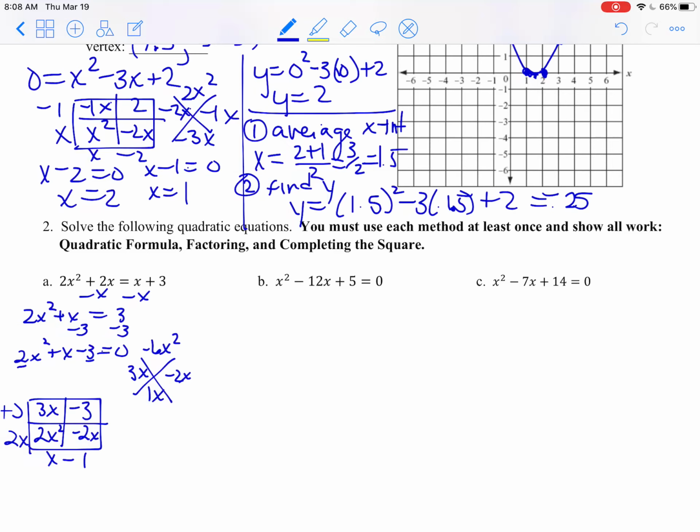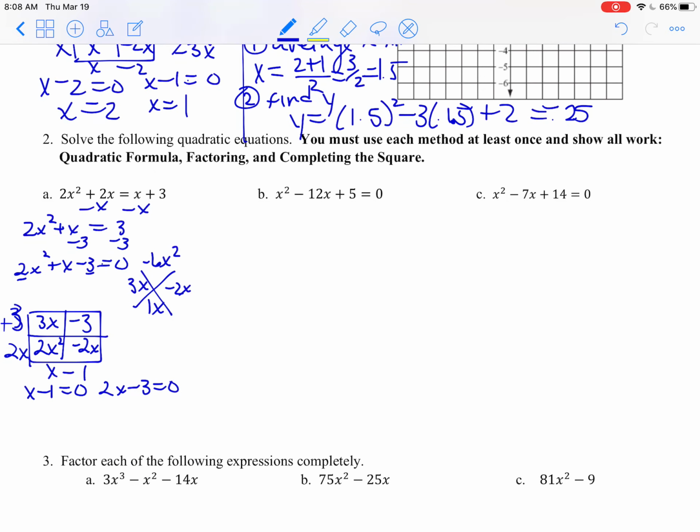Going vertically, I can put plus 3. Now do x minus 1 equals 0, and 2x plus 3 equals 0. Solving, move the 1 over, I get x equals 1, and move this over, 2x equals 3, so x equals 3 over 2.